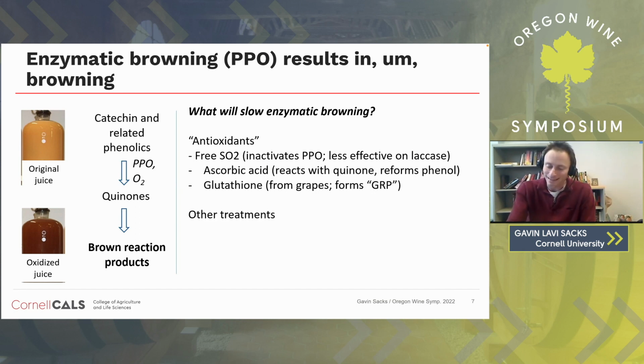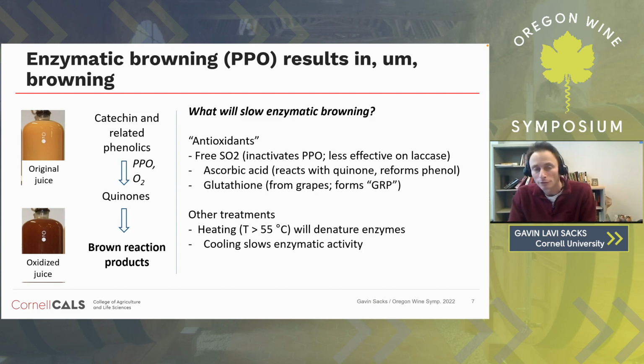We can add various antioxidants which have different roles in slowing down the reactivity of polyphenol oxidase. You can also inactivate PPO through heating, or you can slow it down through cooling. Both of these processes will be used in wineries. If you do thermovinification, especially on questionable grapes, that's one of the things that it's doing, is knocking out enzymatic activity from the grapes or from molds, in addition to killing off spoilage organisms.